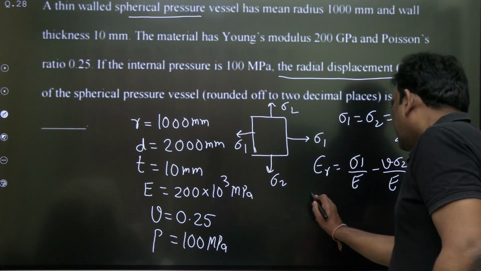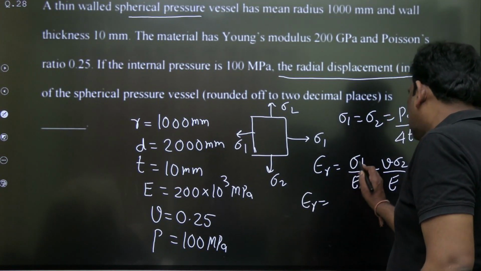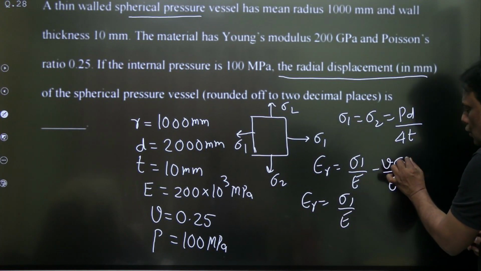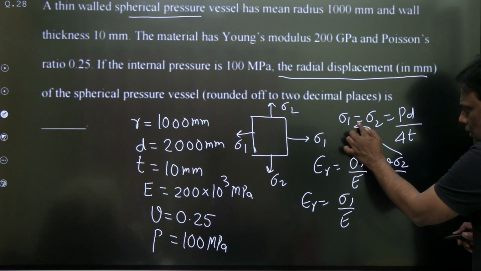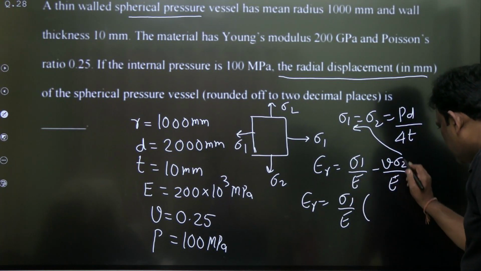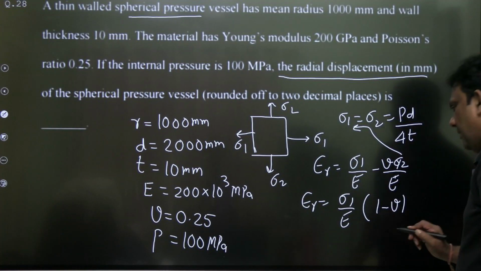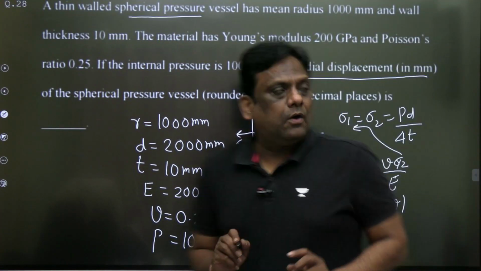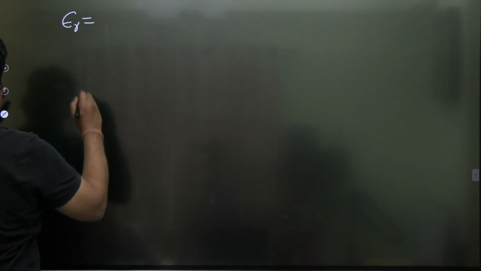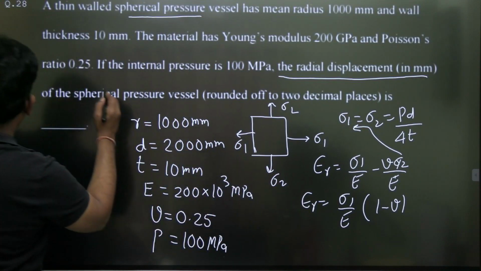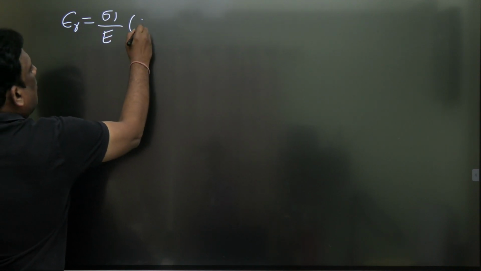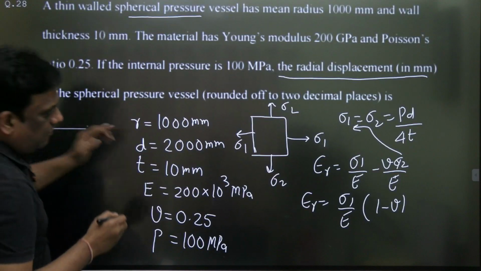Since sigma 2 is also sigma 1, I will take sigma 1 by E common, and it becomes 1 minus nu. So the radial strain is given by sigma 1 by E into 1 minus nu.